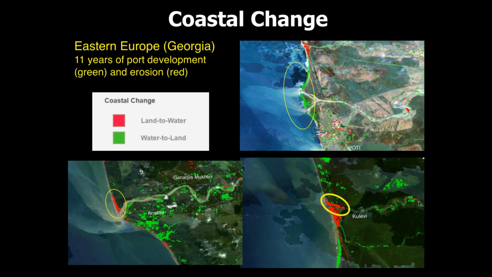Areas that you see in red are coastal erosion, like you see down here in Kolovai. An area here in green is where they've increased the coast, so the water has turned to land. In this particular area, they were building up the coastline and creating a port. And you can see another area here of coastal erosion where things have changed over time. I'll show you how to look at that in more detail for yours.